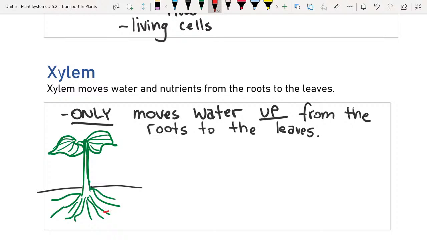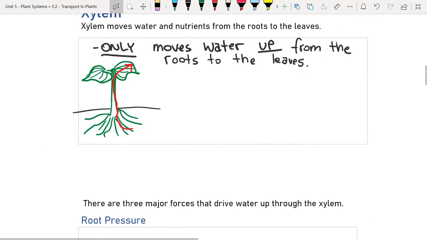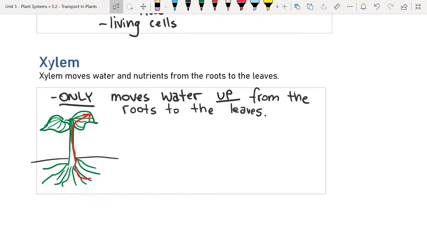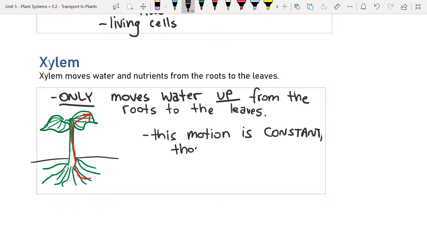All right, so water would start down here, it's going to move there. This motion is constant. A plant is always doing it, though the rate can be adjusted.